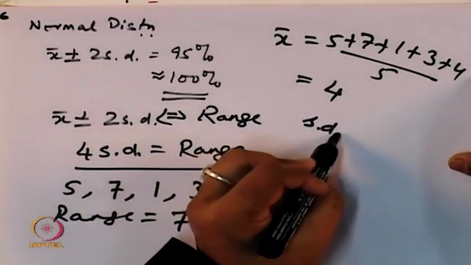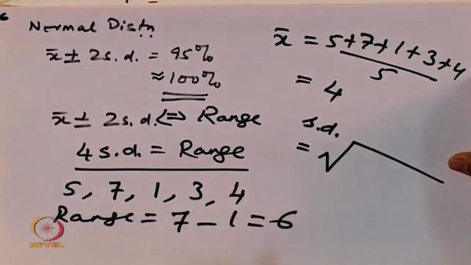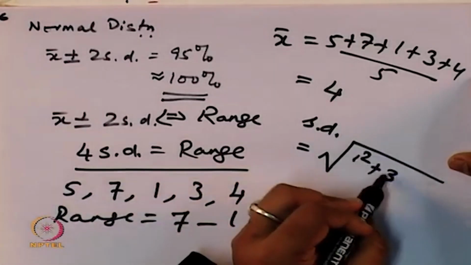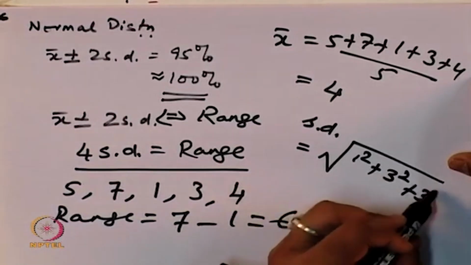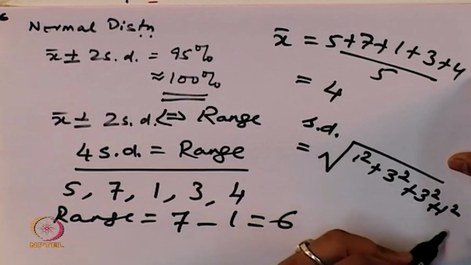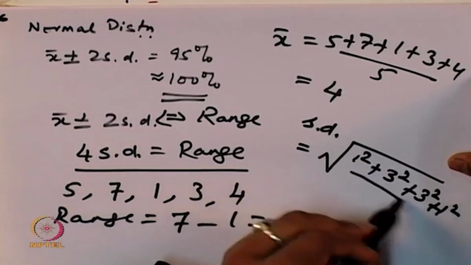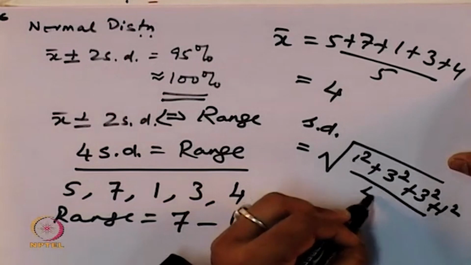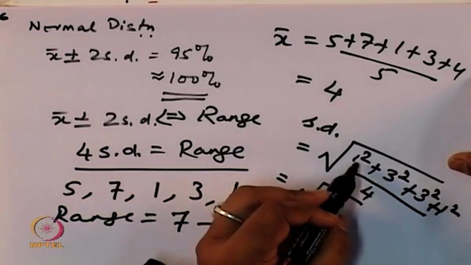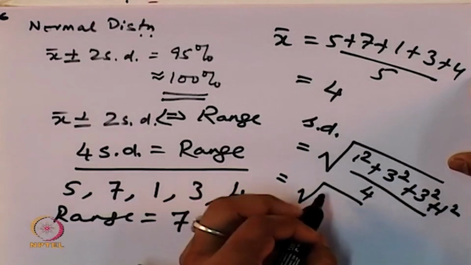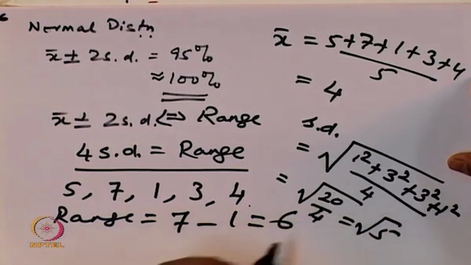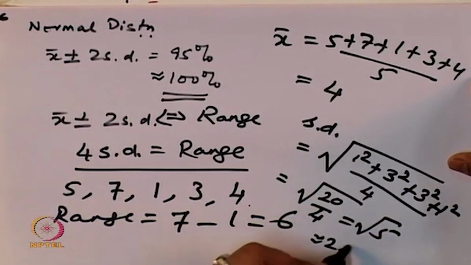My standard deviation is equal to the square root of (5 minus 4) squared, which is 1, plus (7 minus 4) squared, which is 9, plus (1 minus 4) squared, which is 9, plus (3 minus 4) squared, which is 1, plus (4 minus 4) squared, which is 0, divided by 4. That is the square root of 20 by 4, which is the square root of 5, giving a value of 2.2.